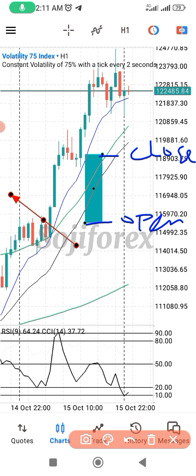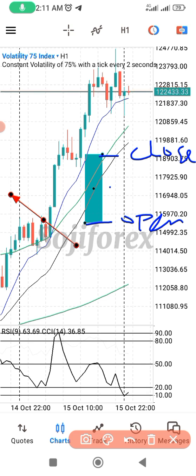So now this particular candlestick communicated something to us as traders. What this candlestick has communicated is the strength of the buyers relative to the current price situation.